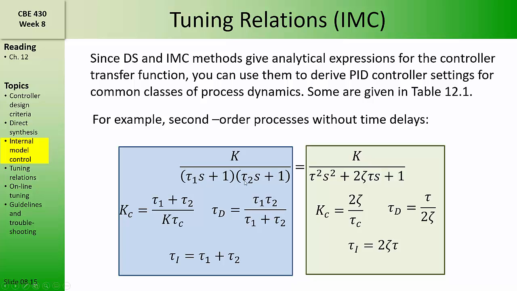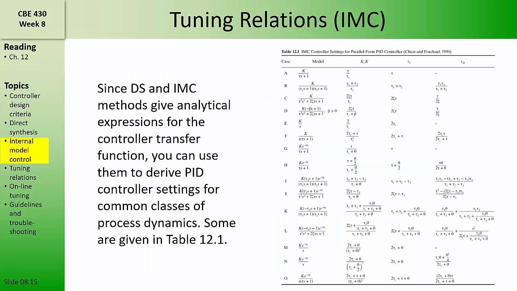Remember, k, tau 1, and tau 2 are determined by the model for the process, g, or alternatively, k, tau, and zeta are determined by the model for the process, g. So the only adjustable parameter here is tau c, the time constant that we choose for the closed-loop servo transfer function. Table 12.1 contains a menu of different types of models that we might choose for g.